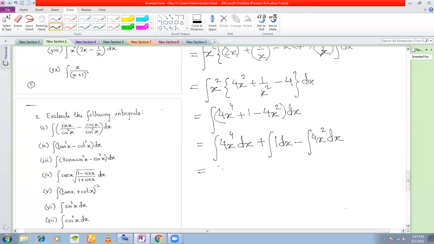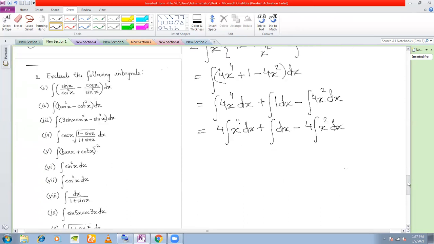So this you can write, you can take 4 out of the integration, x to the power of 4 dx plus integral 1 dx. You can simply write this as integral dx. And here 4 also you can take it out and write this as x square dx. Now use direct application of that formula, x to the power of n is x to the power of n plus 1 by n plus 1, plus integral dx.